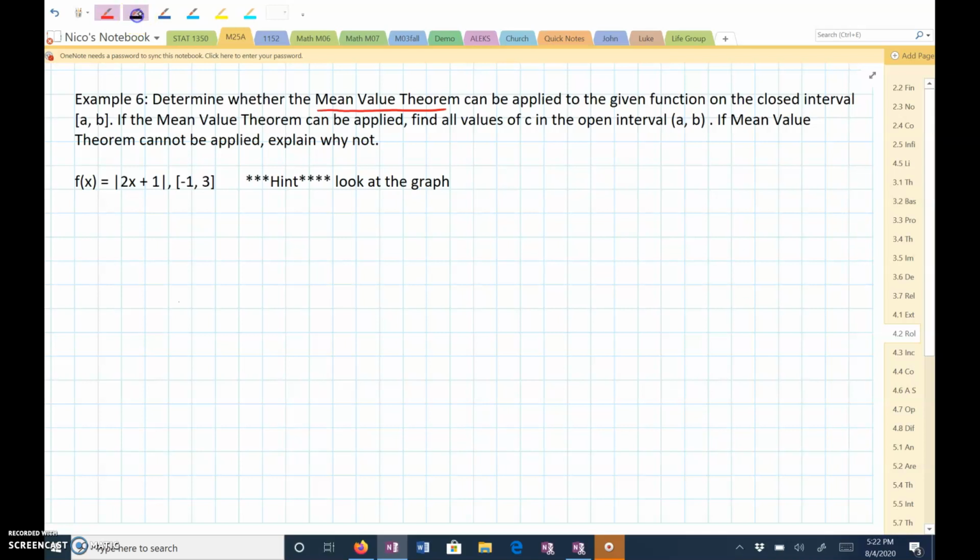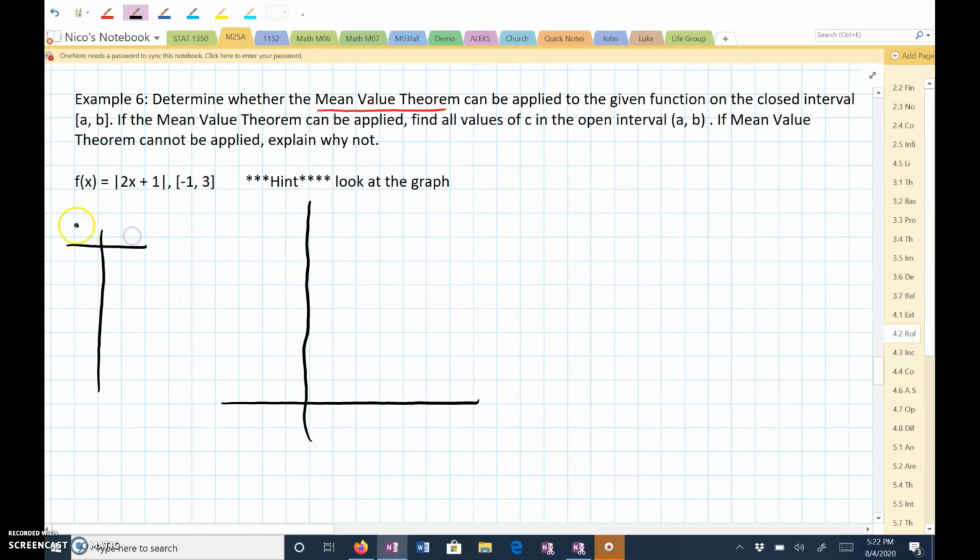So again, we're going to graph this function. Okay. And I'm going to graph this function by doing a table of values. I'm going to plug in -1, 0, 1, 2, and 3. When I plug -1 into the absolute value function, I get -2 plus 1, which is -1, so the absolute value would be 1.